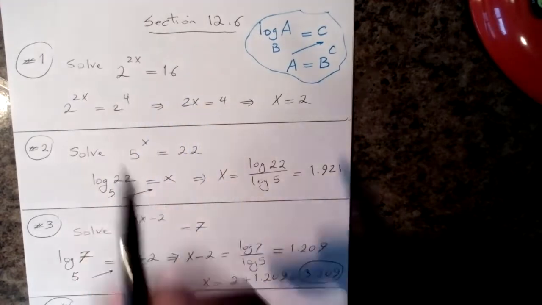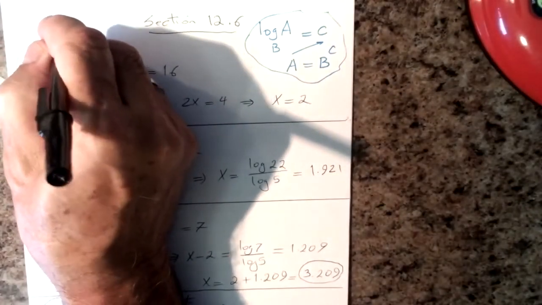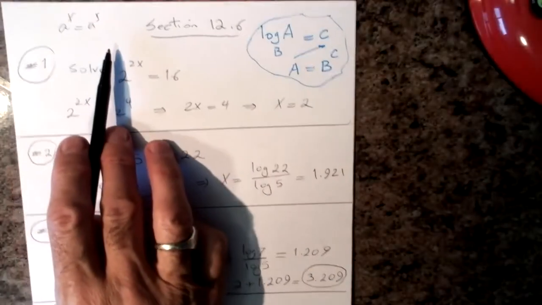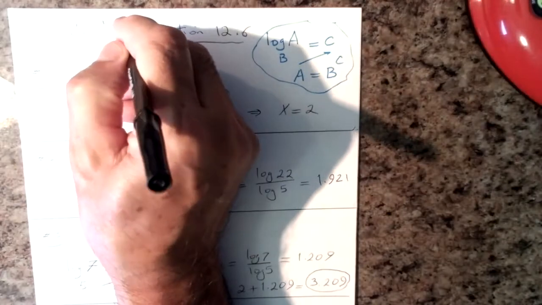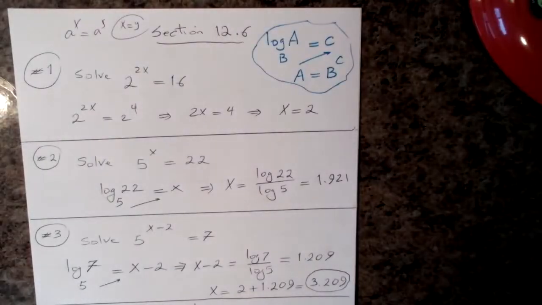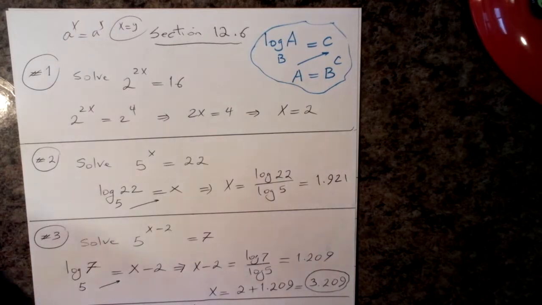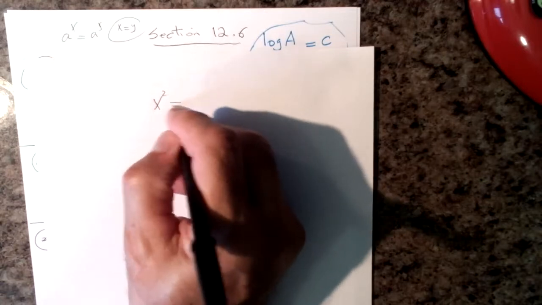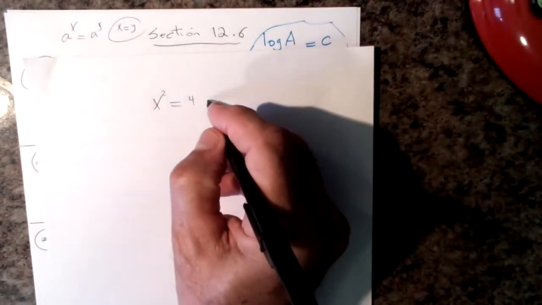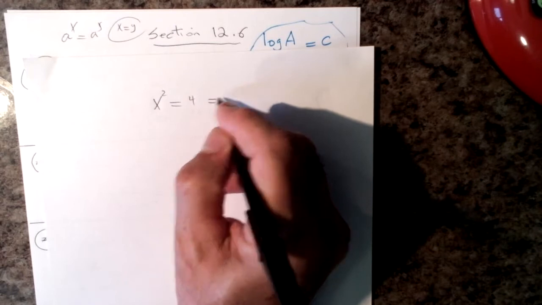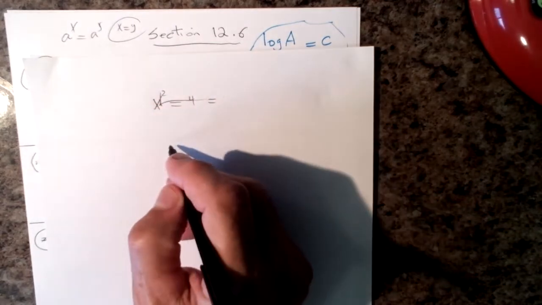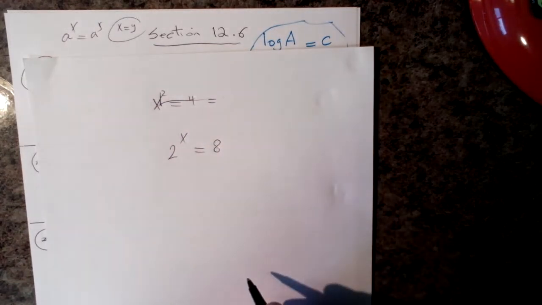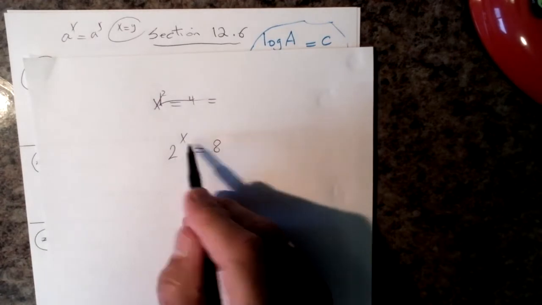If you have a to the x equal to a to the y, if the bases are equal, then the exponents are the same. Let's say you have 2 to the power of x is equal to 8. 2 to the power of which number is 8?